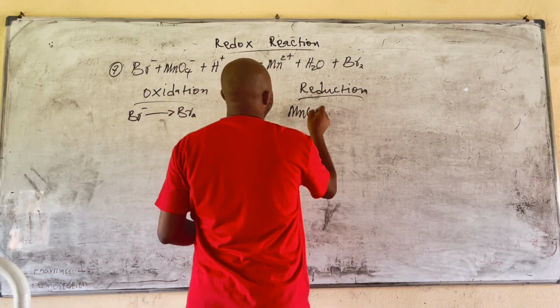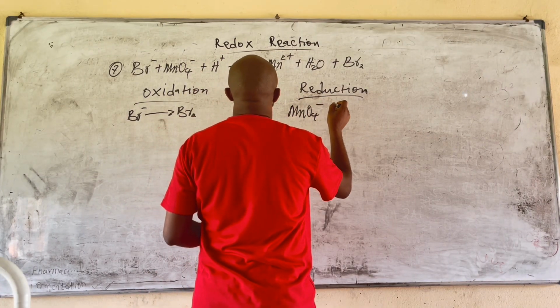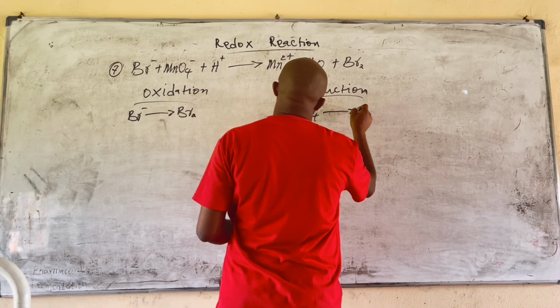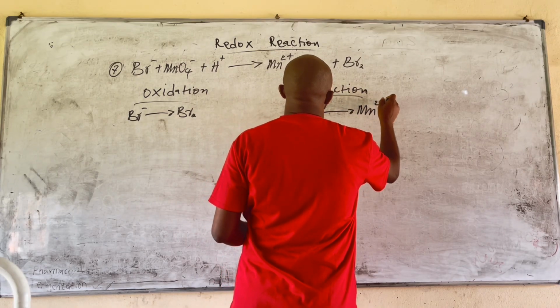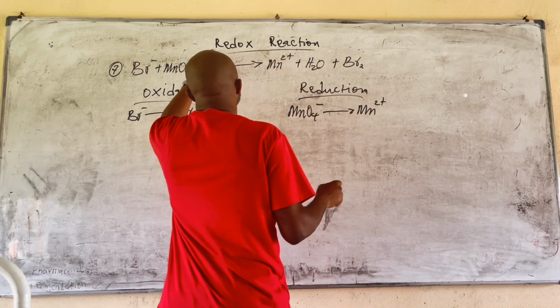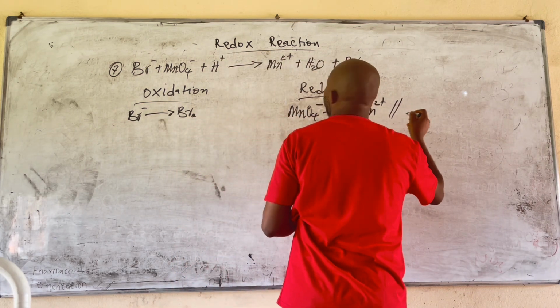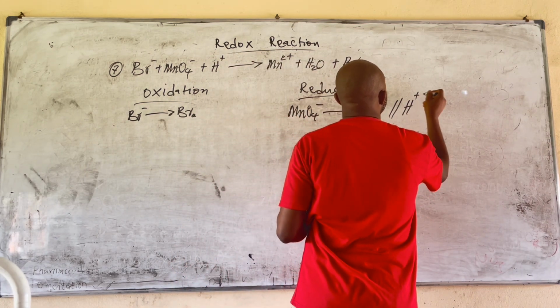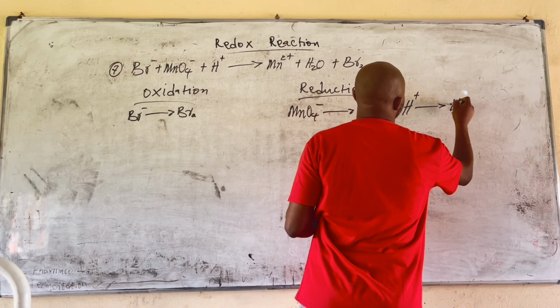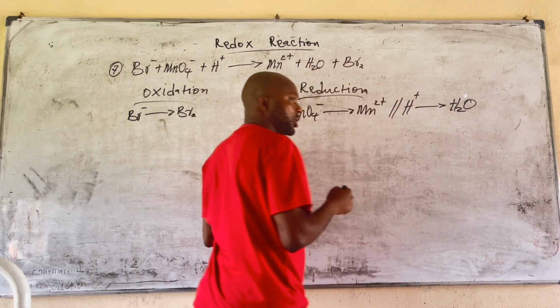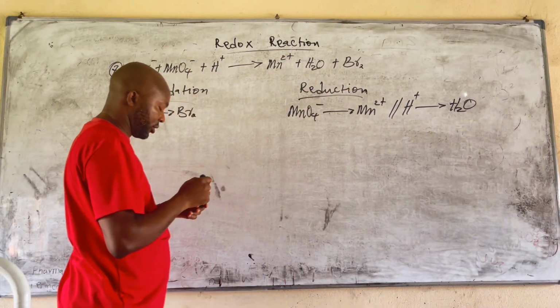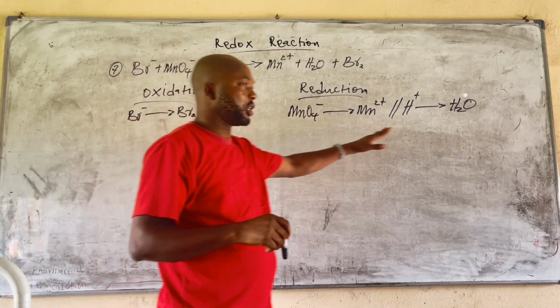Here, this is 7 and this is 2, decrease. I have MnO4 minus decreases to Mn2 plus. And also I have hydrogen 1 decreases to 0. I will put it this way, hydrogen plus to water. So this side reduction, we have 2 variables that decrease, so I have to include them.